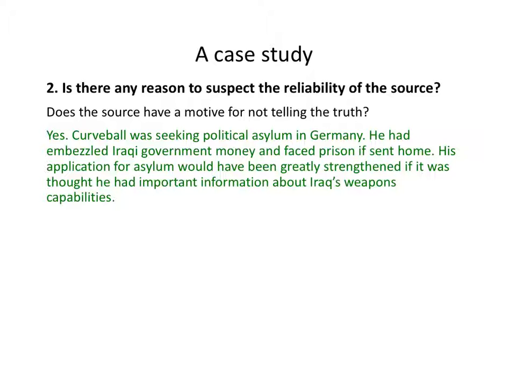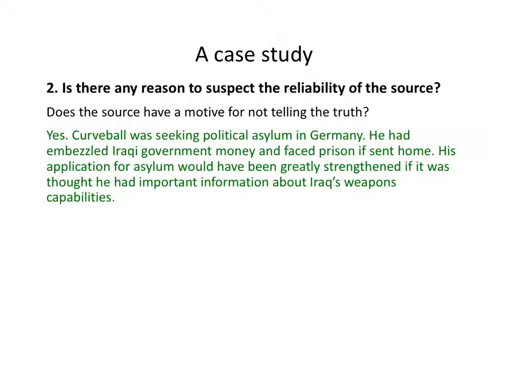Second question, is there any reason to suspect the reliability of the source? For example, we can ask the question, does the source have any motive for not telling the truth? And the answer here was yes. Curveball was seeking asylum in Germany, and it emerged that there was a warrant out for his arrest in Iraq for embezzling government money.